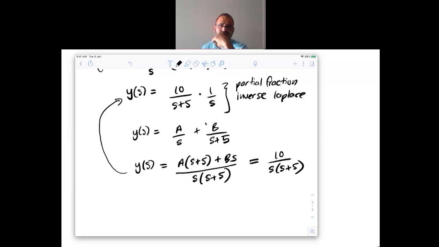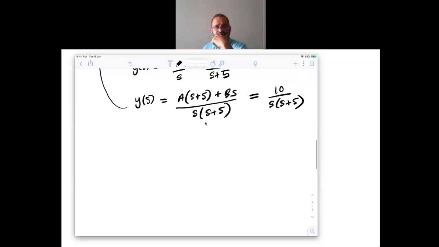So I'm going to find out the values of a and b. Since the denominators are the same, we might as well compare the numerators. The numerator gives as plus 5a plus bs is equal to 10. From here you solve for a and b.